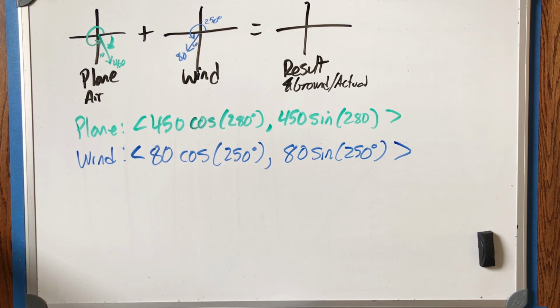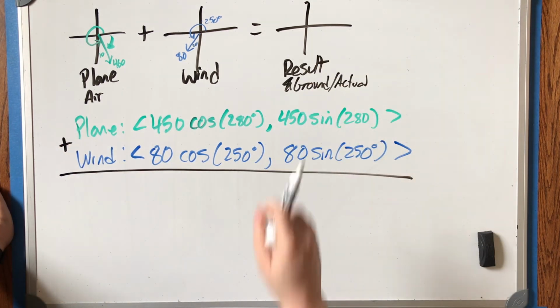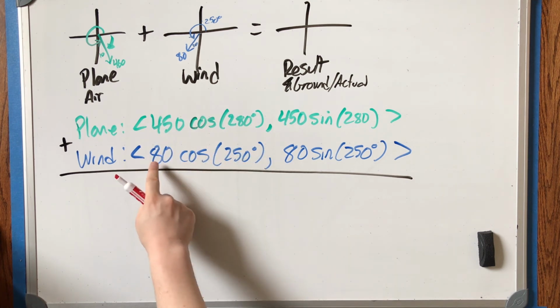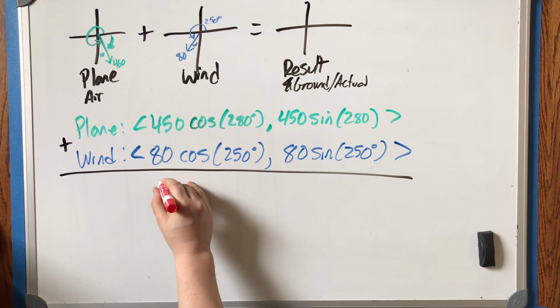So because I know everything about these now, what it's going to do when I just add these together is it's going to give me this result, meaning I don't actually need to do a whole lot of work to figure it out. So I'm just going to directly in my calculator do 450 cosine 280 plus 80 cosine 250 carefully, because those numbers tend to blur together.